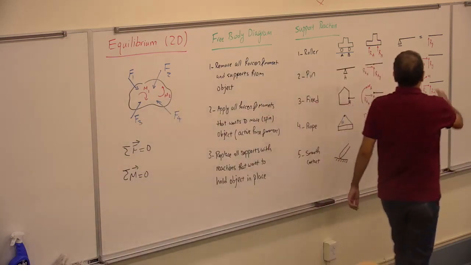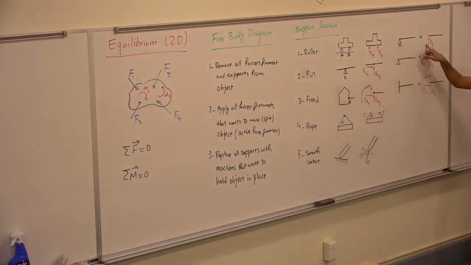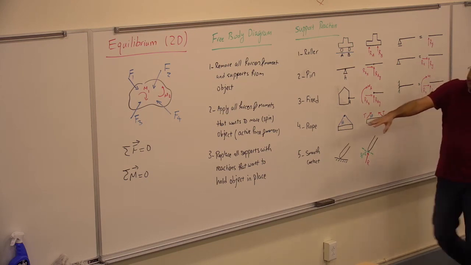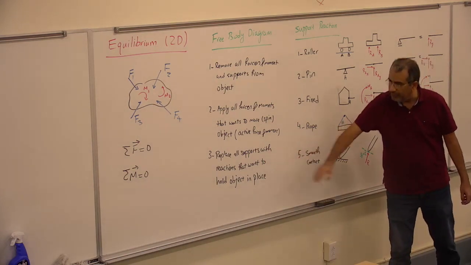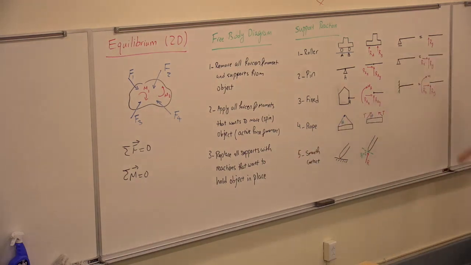If I have a roller, replace it with a single force normal to the surface. If I have a pin, replace it with two reactions. If I have a fixed support, replace it with two reactions and one moment. So that's the third part that I touched here: replace the support with the reaction.